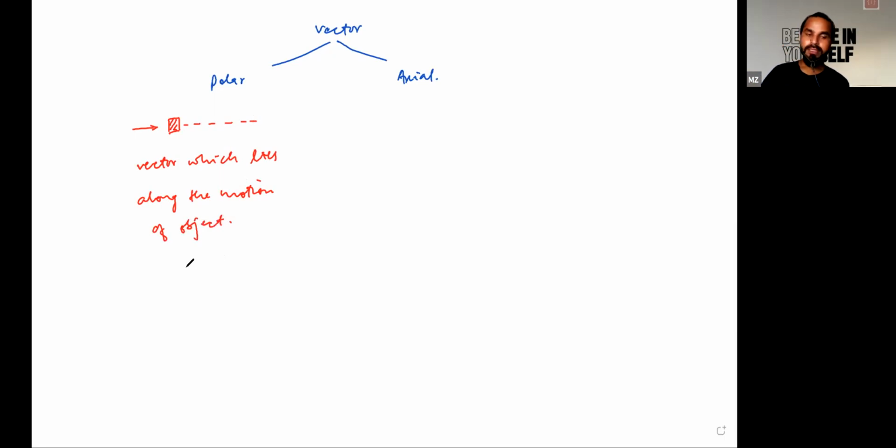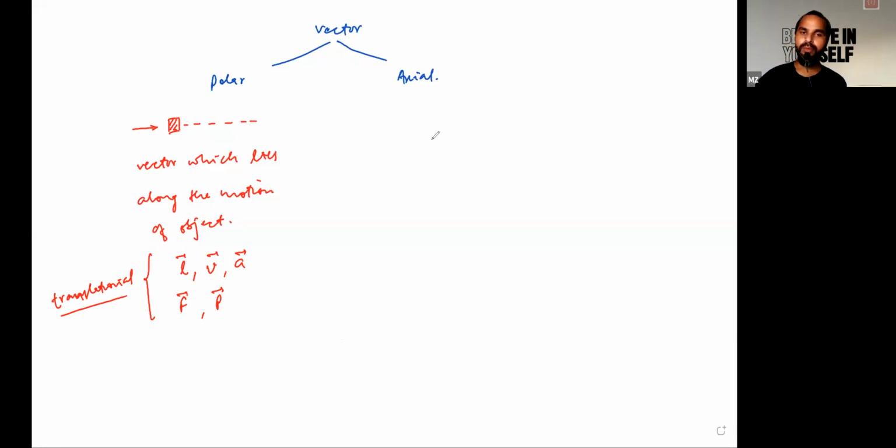These are nothing but displacement, velocity, acceleration, force, linear momentum, or you can say all quantities which are translational part, or the quantities which are defined for straight line motion are called polar vectors.